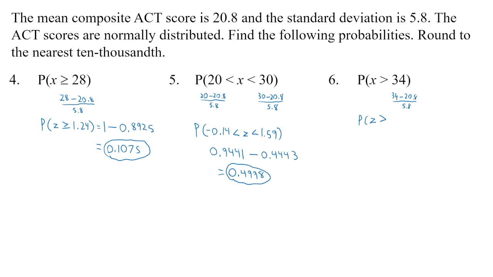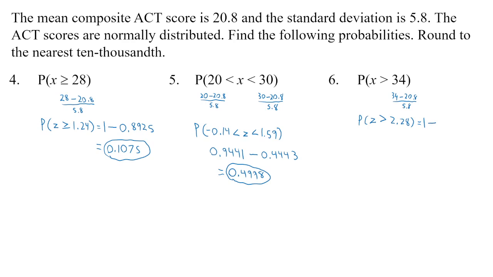So 34 minus 20.8 divided by 5.8. And you will get 2.28. So now, this is greater than. Therefore, after you look in your z-table, you're going to subtract that probability from 1.